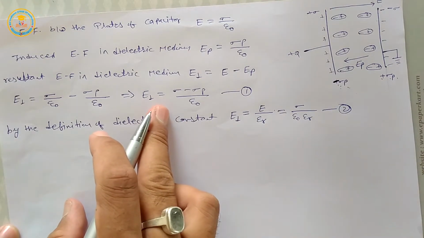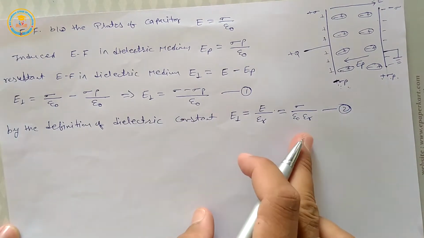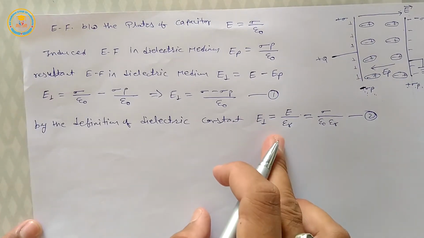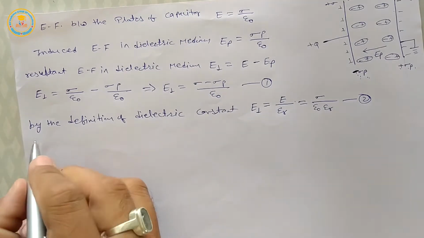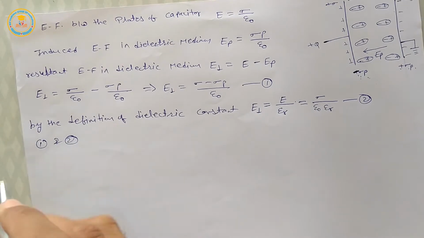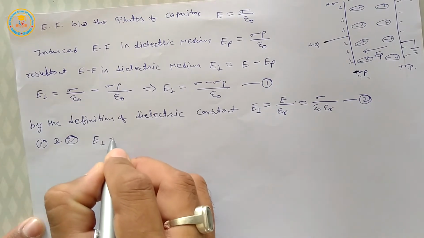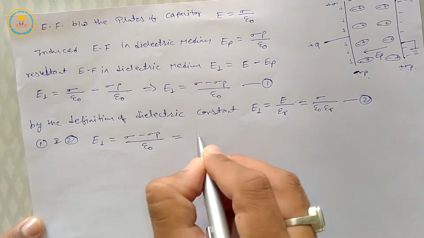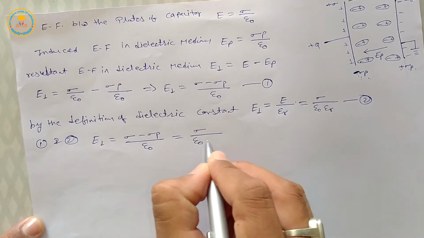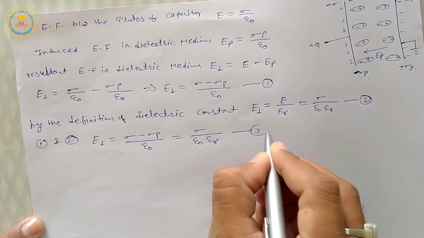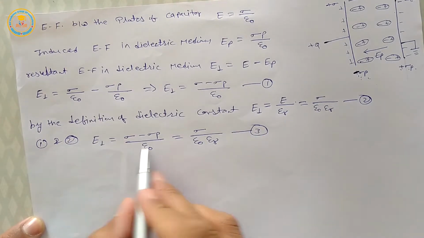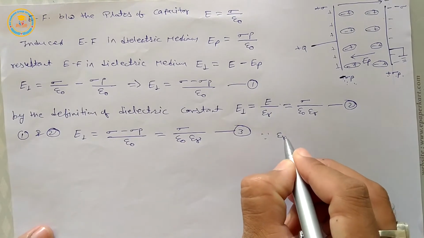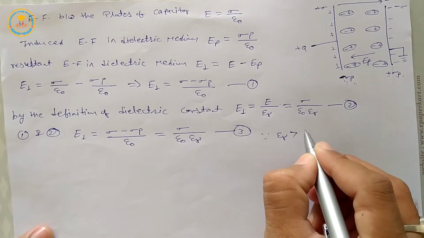Equation 1 represents the resultant electric field, and equation 2 also represents the resultant electric field. So from equations 1 and 2, E1 is equal to sigma minus sigma p upon epsilon naught, which is equal to sigma upon epsilon naught epsilon r. This is equation number 3. From this equation we can say, because we know that epsilon r for any medium is greater than 1.